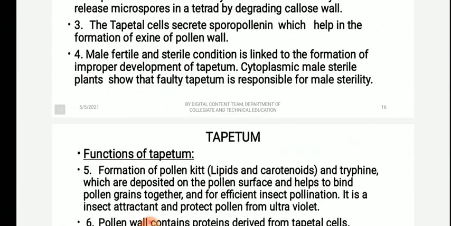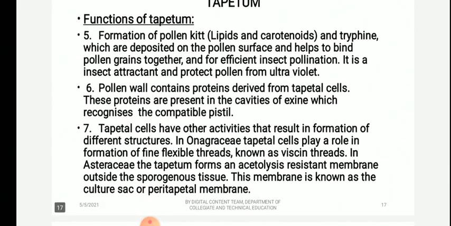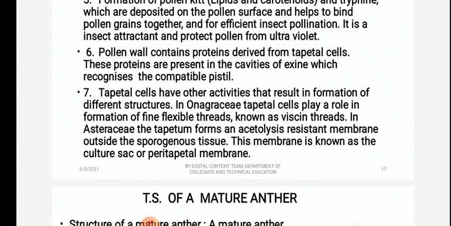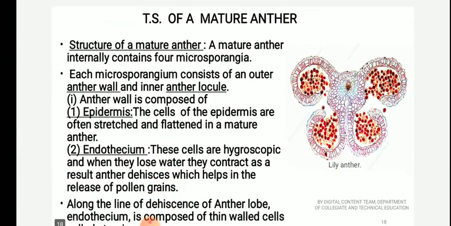Male fertile or sterile condition depends upon the activity of the tapetum, and the pollen kit is the contribution of the tapetum. The pollen wall will have proteins which recognize the compatible pistil, which is also the contribution of the tapetum. In some of the Onagraceae, the tapetum forms threads, or in the case of Asteraceae, a resistant membrane is produced by the tapetum.